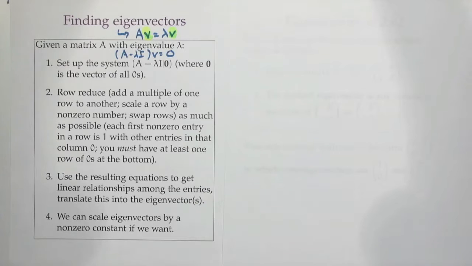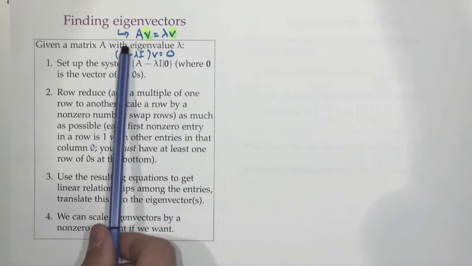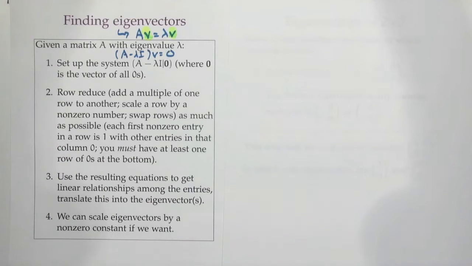Rank is a technical term, but basically, we're counting on the fact that there has to be redundancy. What you're really doing is just writing out a system of equations, finding the linear relationships among the entries, and that translates into vectors.